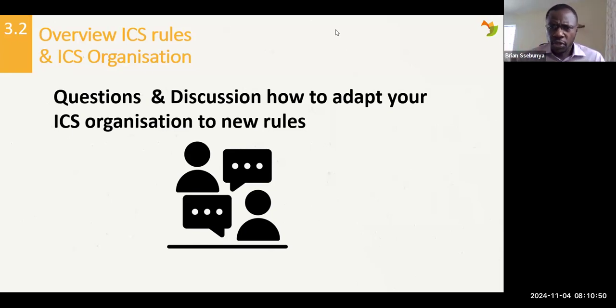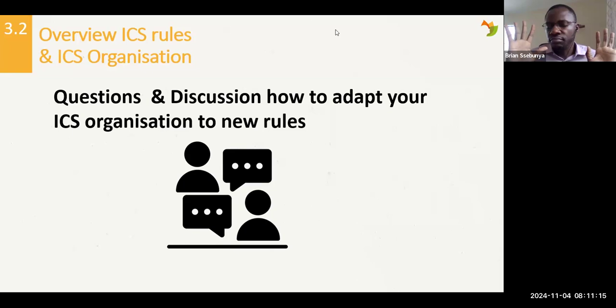You can do spot checks. Remember, ensuring that the internal inspectors are competent is the responsibility of the ICS manager. So if spot checks will help you determine that competence, then go ahead and do it.